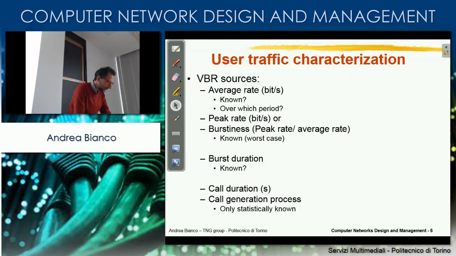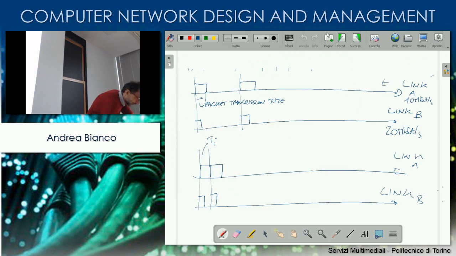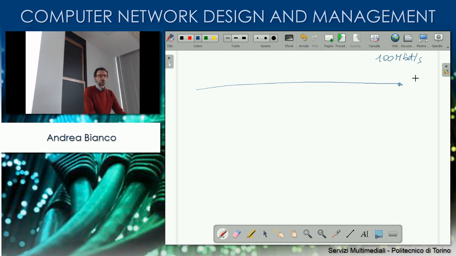So let's take some examples. So suppose we are considering link speed of 100 megabit per second, okay? All of the pictures I will show are referring, and suppose they are scaling properly, assuming that the link speed is 100 megabit per second, okay?